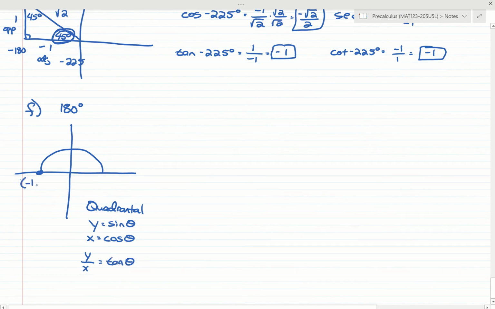This point right here would be negative 1, 0. So we don't have to make special triangles. It's either going to be a special triangle or a quadrantal angle. Quadrantals are generally easier.